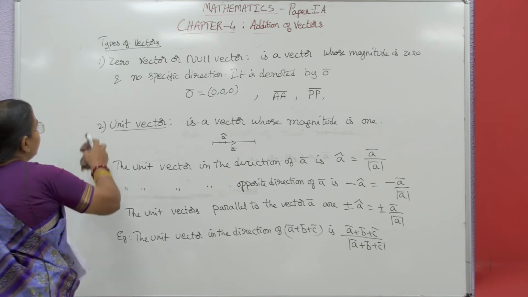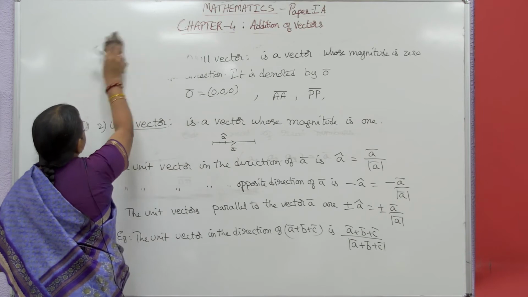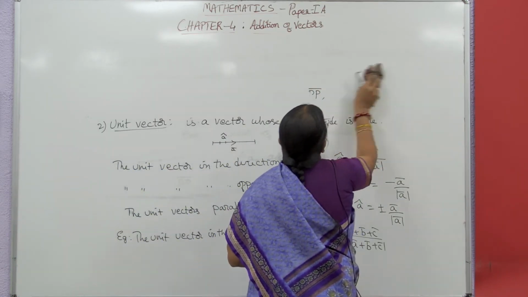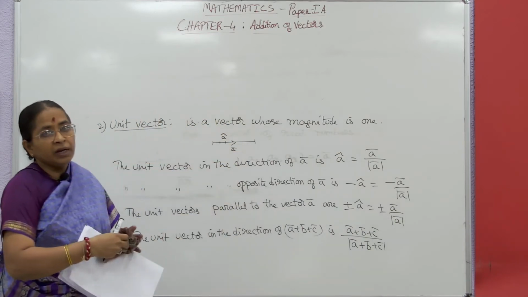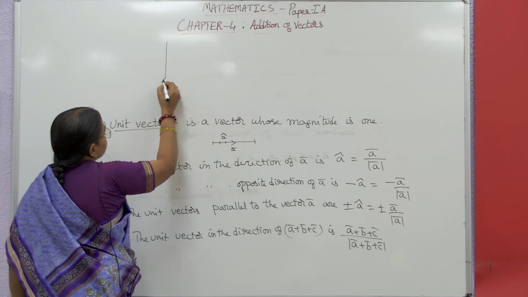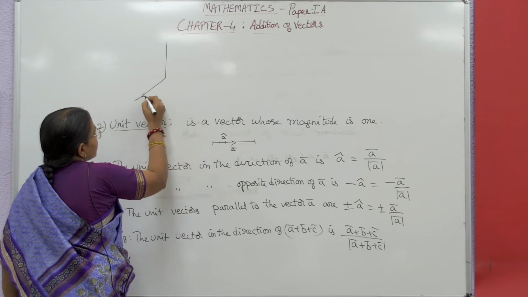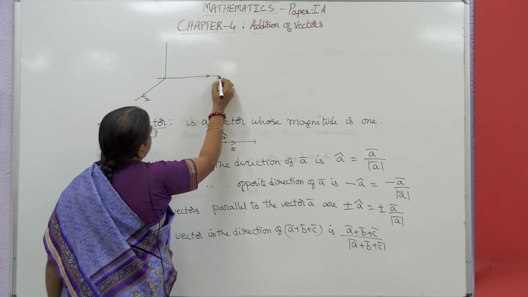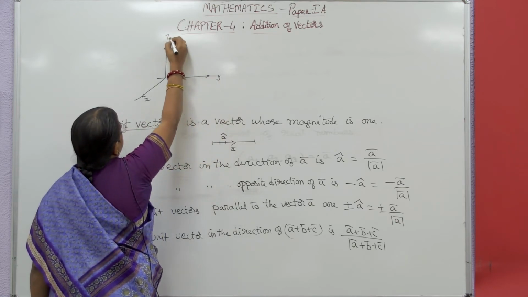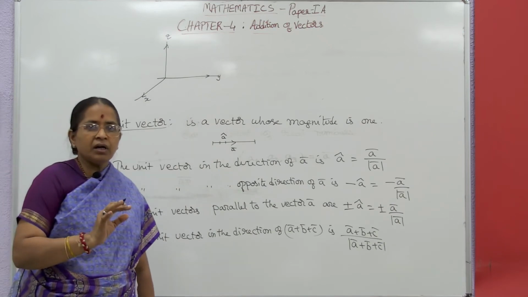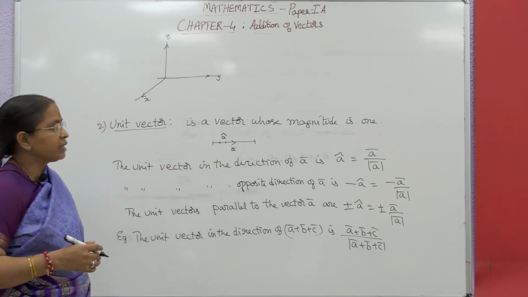Okay, now we have unit vectors in the direction of positive x-axis, in the direction of negative x-axis, like that. We have standard notation. Suppose that this is the x-axis, this is the y-axis and this is the z-axis. So we are in the three-dimensional coordinate system.